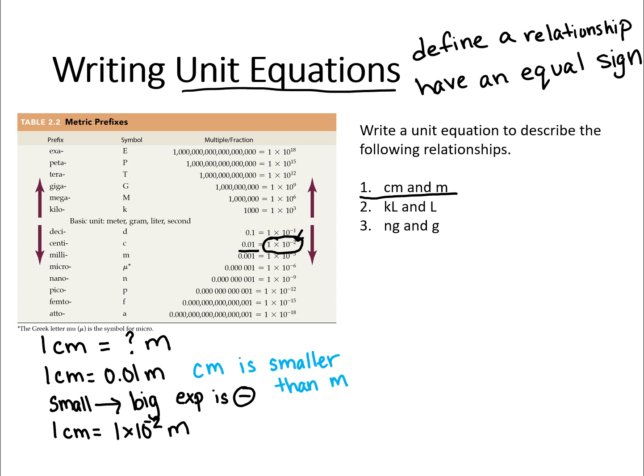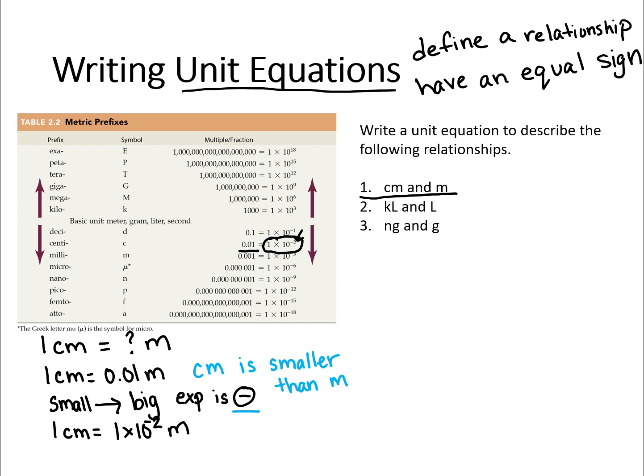Whenever you're doing that, when you're writing your scientific notation, your exponent is going to be negative because you're writing your unit in terms of a bigger unit. So if I had 5 slices of pizza, when I went to write that in terms of whole pizzas, I'm writing a fraction or a decimal.